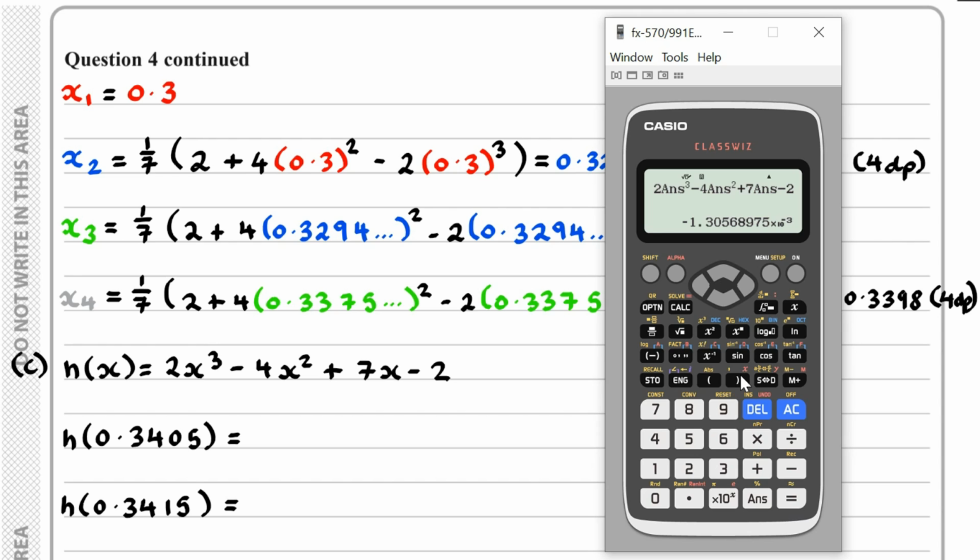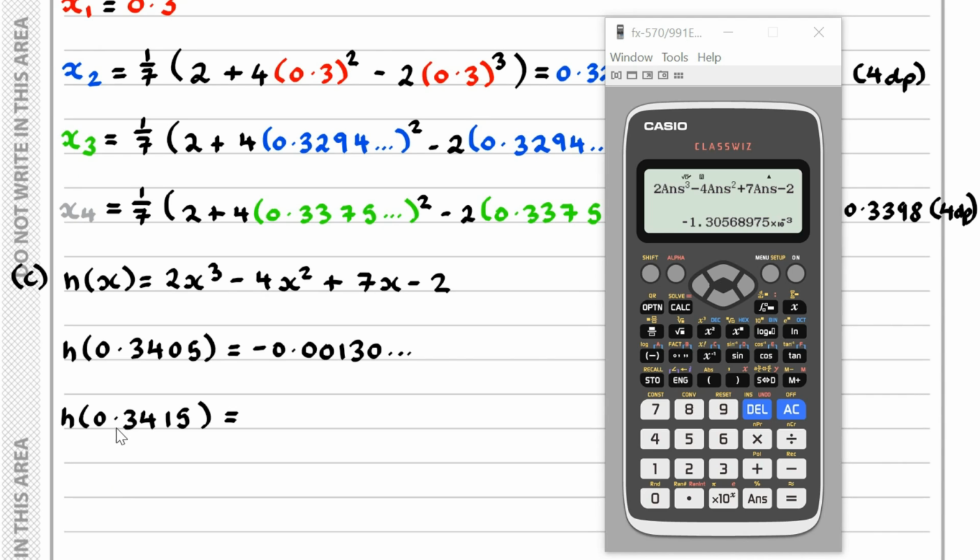What we end up with is a value of minus 0.00130, etc. And if we work out what h of 0.3415 is, we've got 2 lots of this cubed minus 4 lots of this squared plus 7 lots of this minus 2.